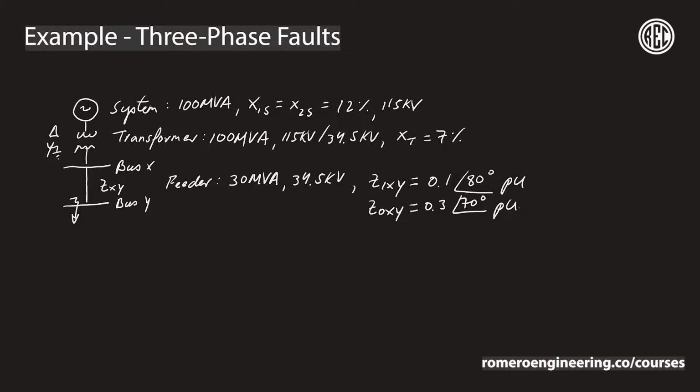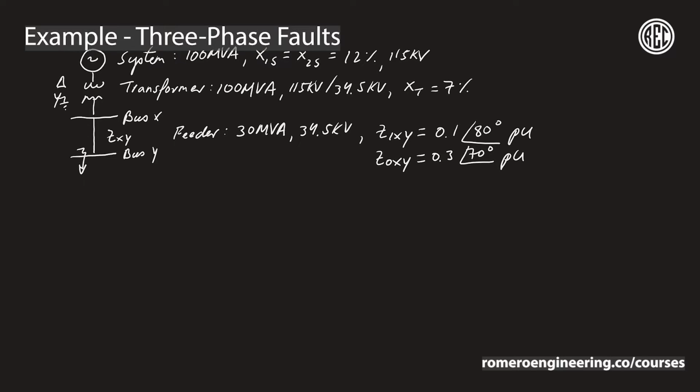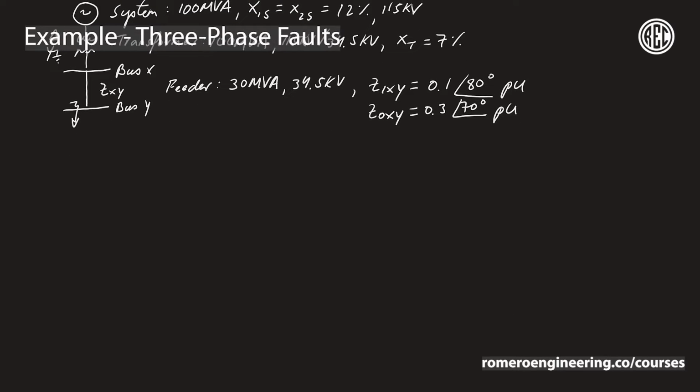All right, so for our example, of course, we're going to have several steps. Let me move this up a little bit, and let's actually change colors. Let me change this to blue, and I'm going to say over here, step number 1 is going to be convert to a common base.